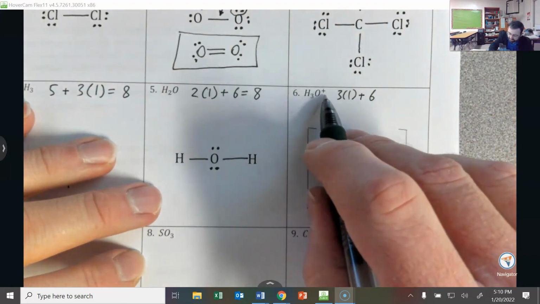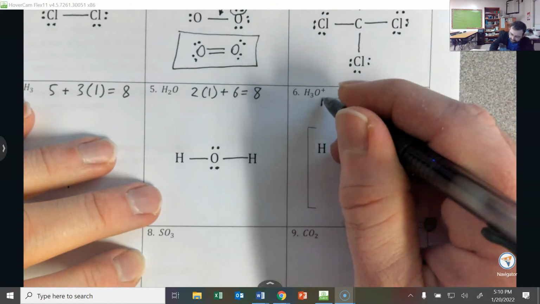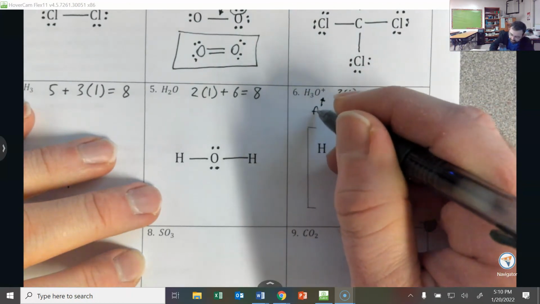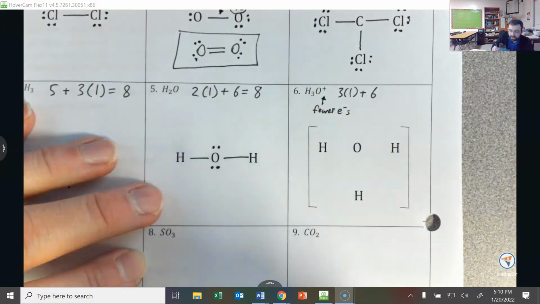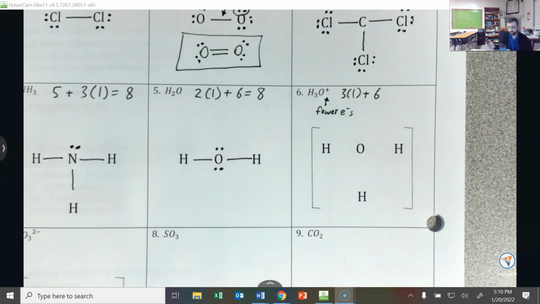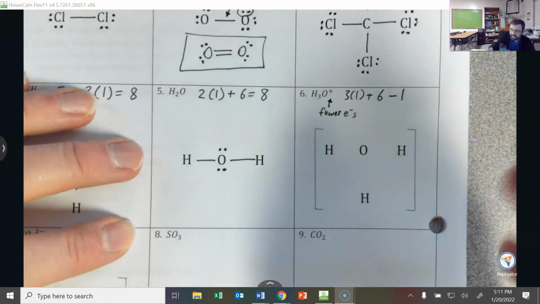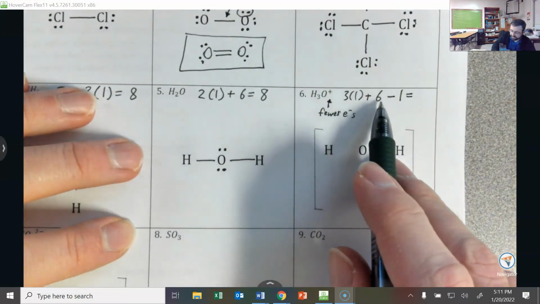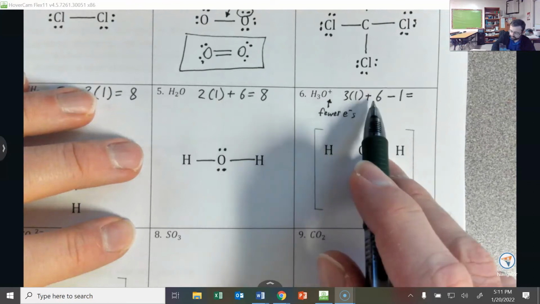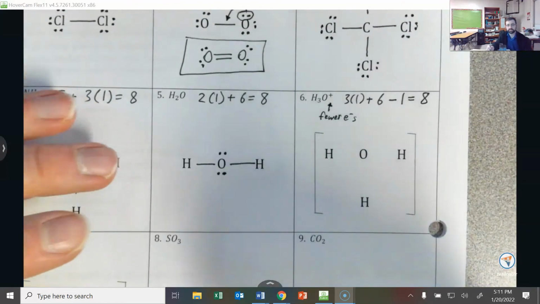But since I have fewer electrons, that positive 1 charge tells me I'm actually going to subtract 1. I'm taking away 1 of those electrons. So I get 6 plus 3 is 9, minus 1 gives me 8.